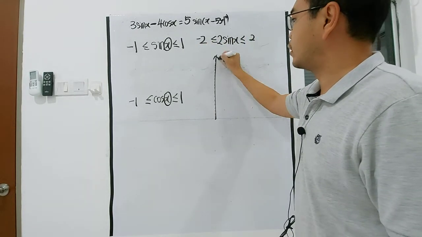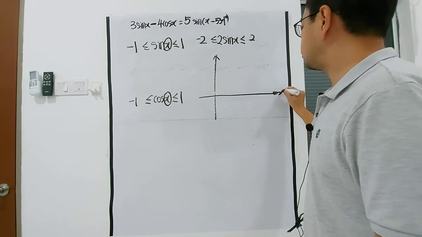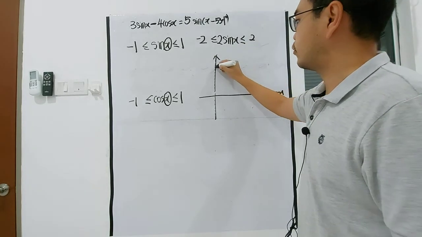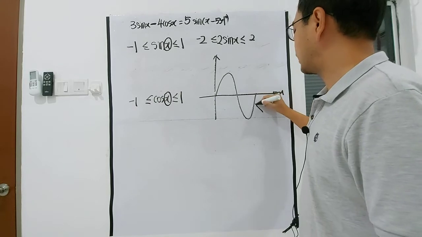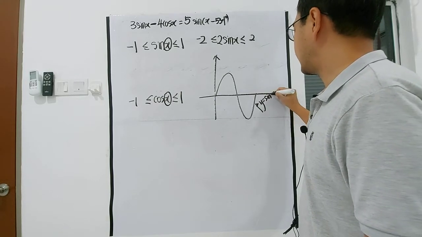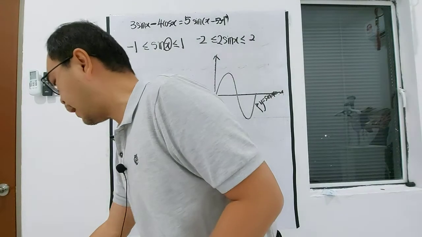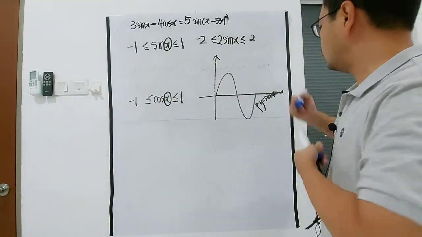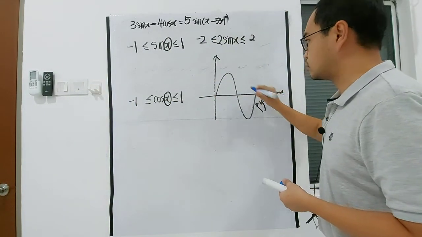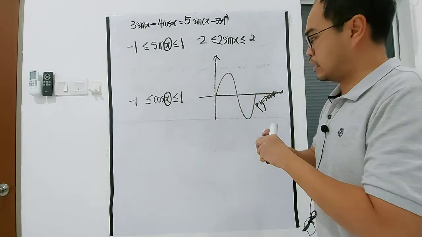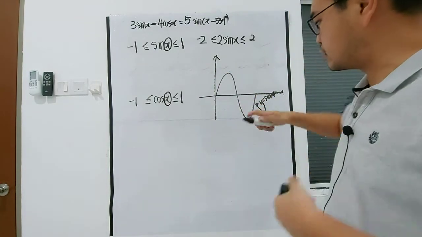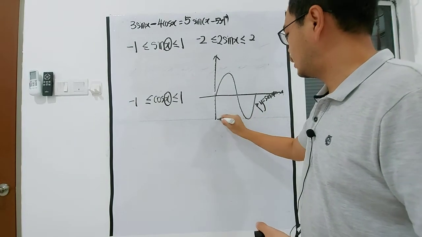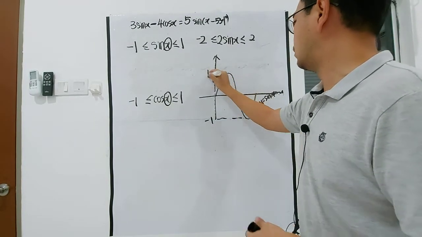As you learned in Form 5, I think you should revise all the knowledge that you have already learned. This is the graph for y equals sine x. The maximum is 1 and the minimum is -1, so here will be -1, here will be 1.